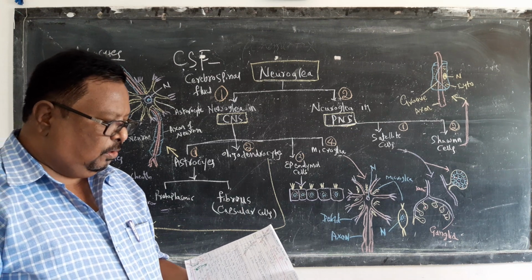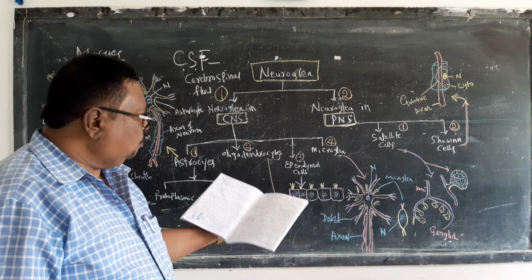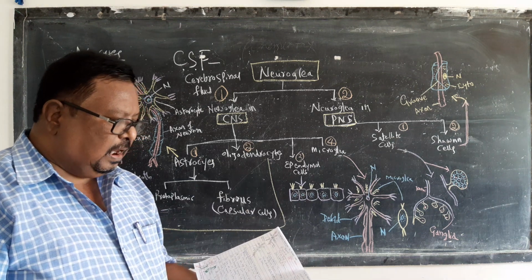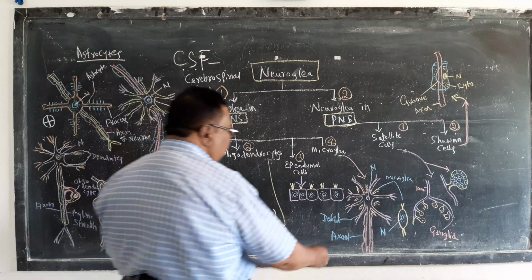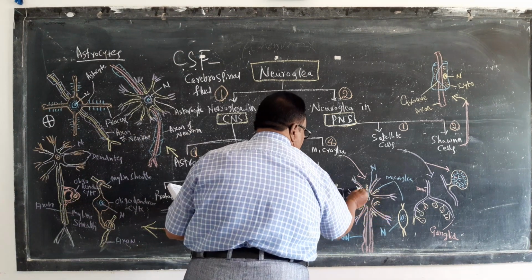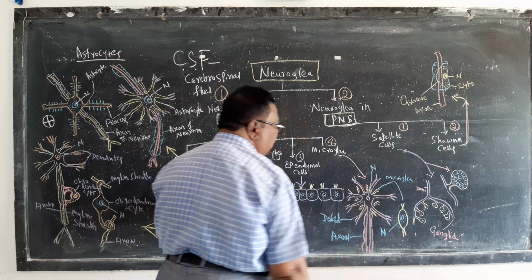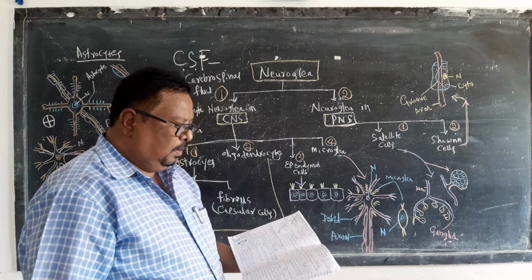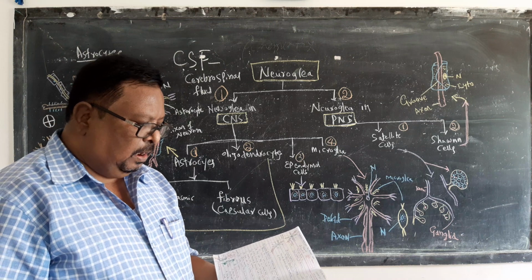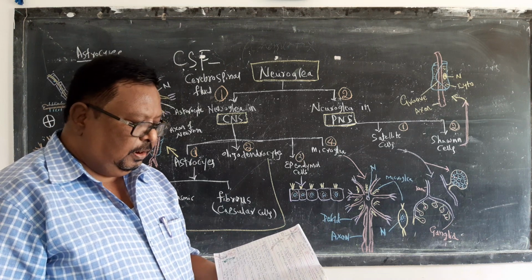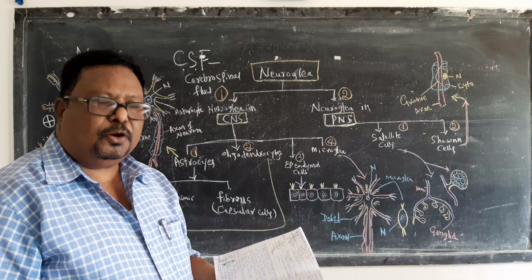Now coming to the microglia, the last one, the fourth one. These are the smallest cells of neuroglia, present in between the dendrites. They are oval in structure with short, thorny processes.